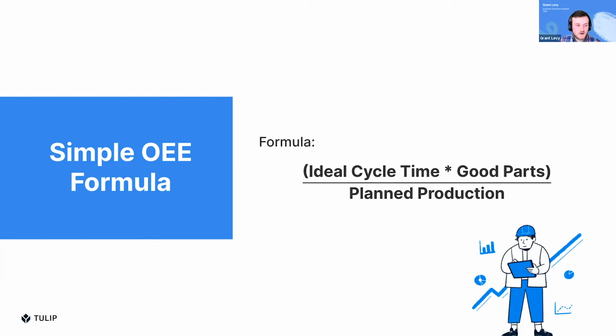Ideally you are making one part within every duration of your ideal cycle time. But oftentimes that's not the case, and you may have downtime reasons, you may have other events that impact your production schedule, and this is a really lightweight way to review that information.